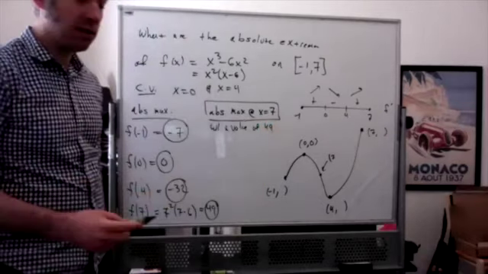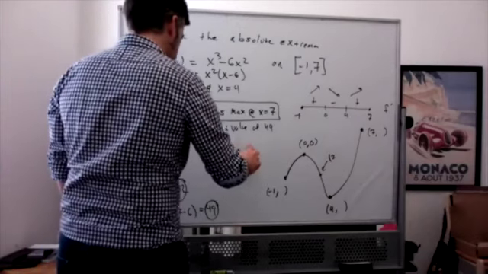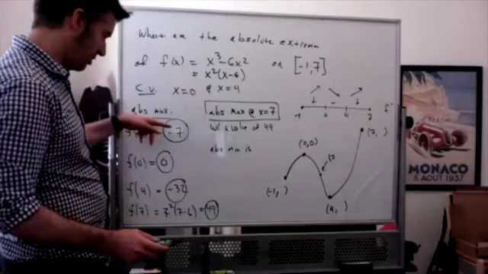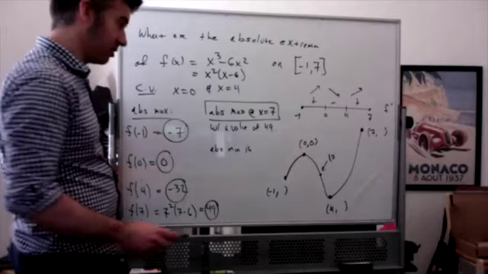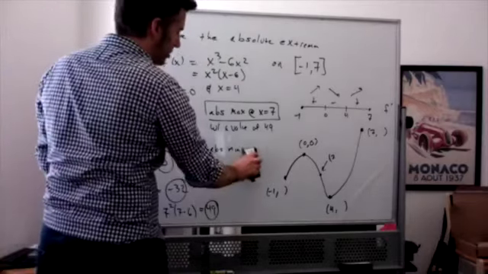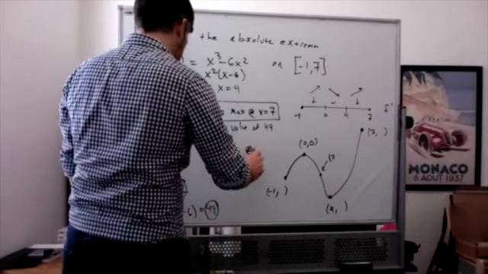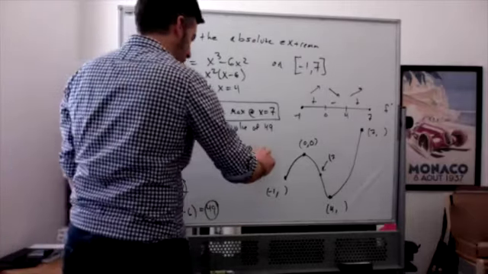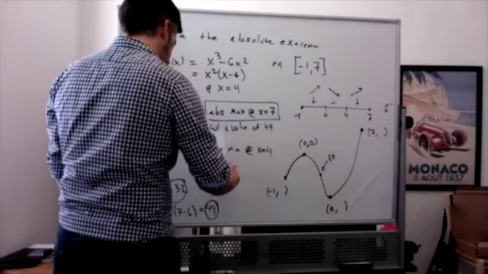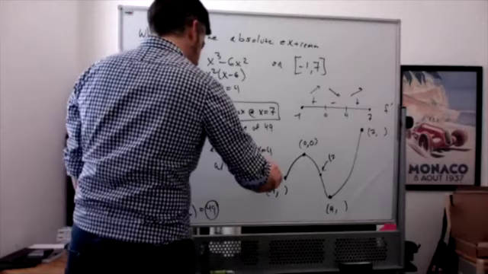The absolute minimum is, well, what's the smallest thing? That's -32. So the absolute minimum, I should say, we usually say where it's at before what it is, is at x equal to 4 with a value of -32.